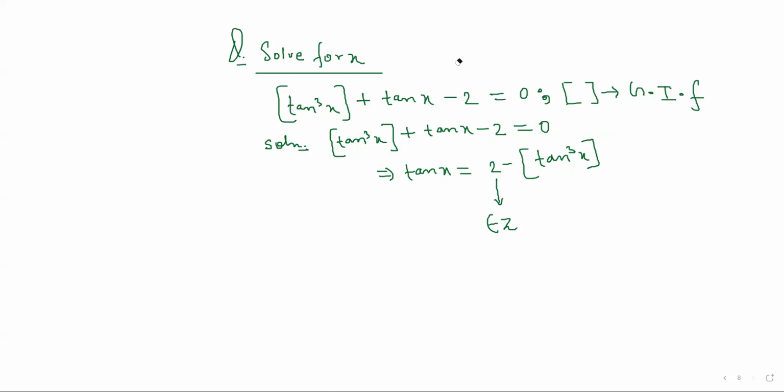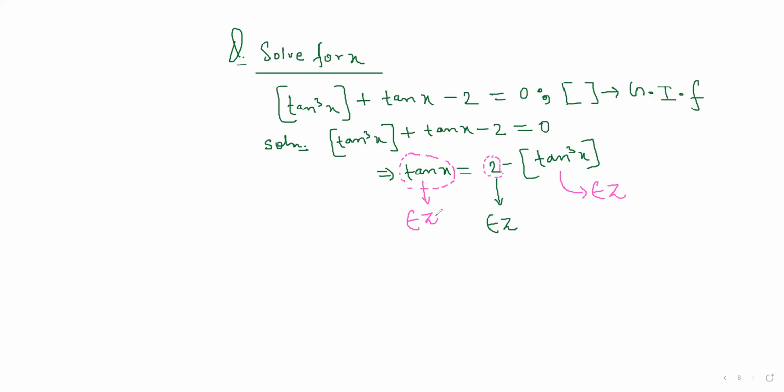This whole condition becomes integer. So integer minus integer will always be integer. So this quantity will always be integer, no doubt.